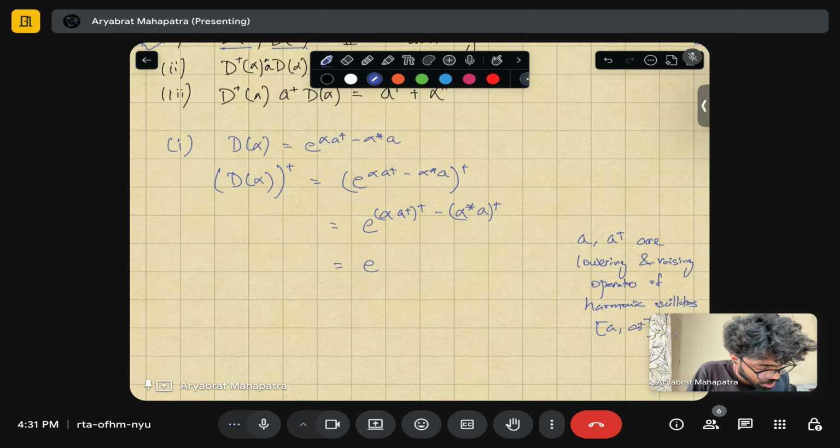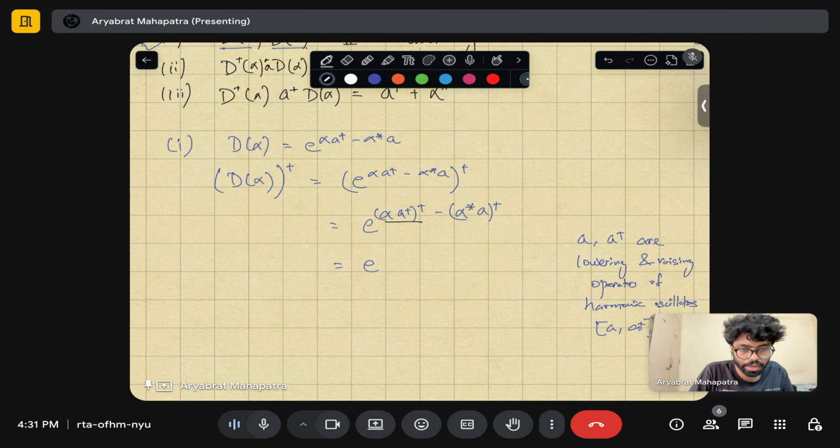Now in this part, if I take alpha dagger, alpha is a number. But dagger means we have to do transpose and conjugate at the same time. For a number, transpose has no meaning, but you can take the conjugate.